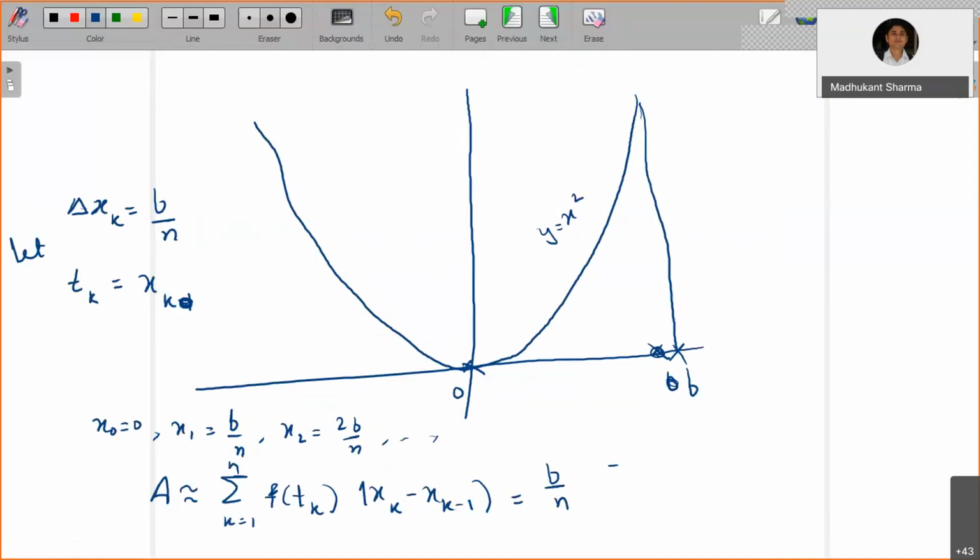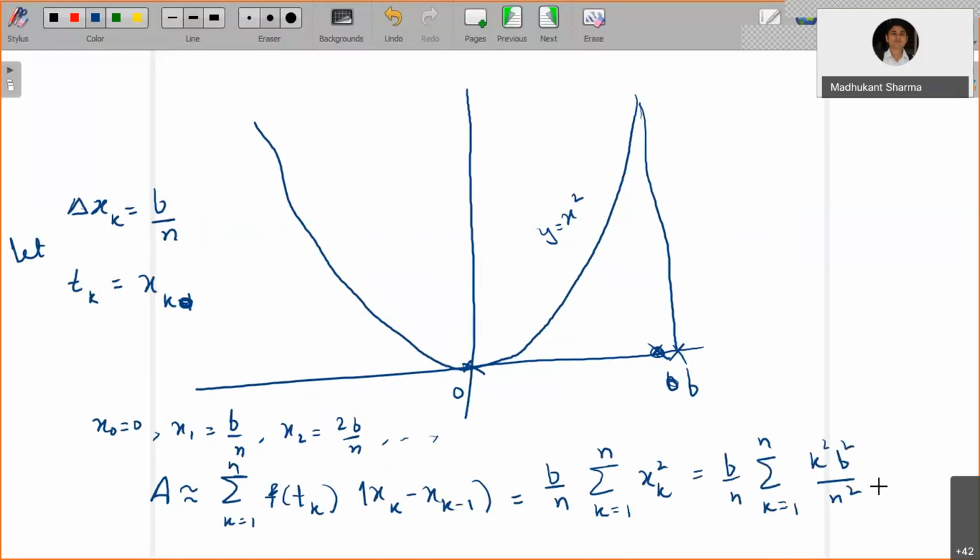And the other thing is the summation k equals 1 to n of f of tk, which is f of xk, and f of x is x square. So this is going to be xk square. So what is xk? It is k times b by n. So this is b by n times the summation k equals 1 to n of k square, b square by n square.